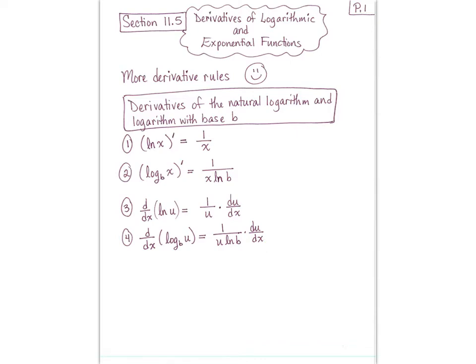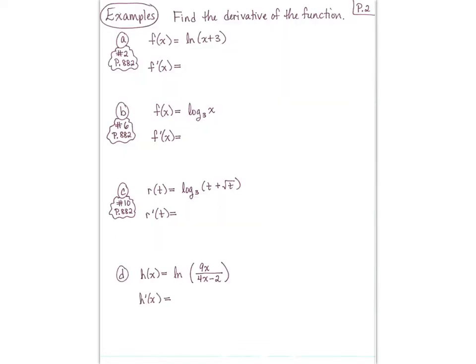So now let's look at some examples that are applications of those. We want to find the derivative of the function for all of these parts here. They're problems chosen from your homework set. So f of x is equal to the natural log of x plus 3. We want to find f prime of x.